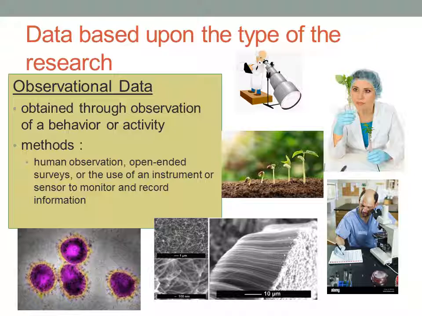So these are observational data, and also this scientist is observing what differences she found based upon their treatments, whether the stem is coming in different colors or whatever things that she needed.